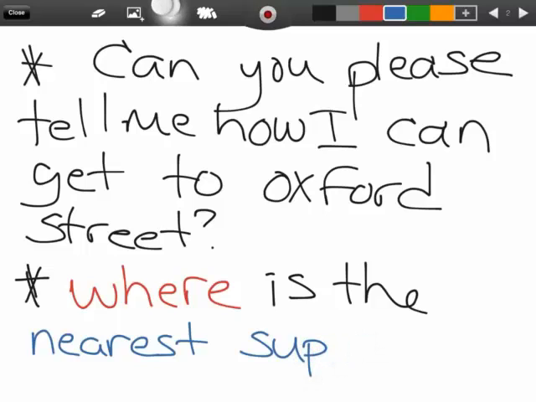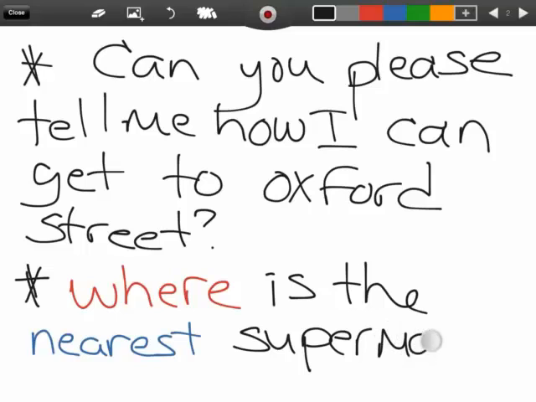Nearest supermarket. Moving on to my next question, I'm going to color code this for you as well.